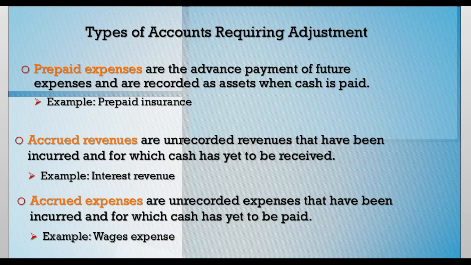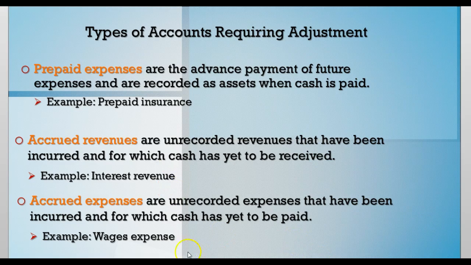But each month, that note is earning interest, and that has to be recognized as revenue at the end of the period. Typically, you wouldn't recognize that until they paid the full note receivable with the interest. But with an accrual system, you're going to recognize that 1 month.